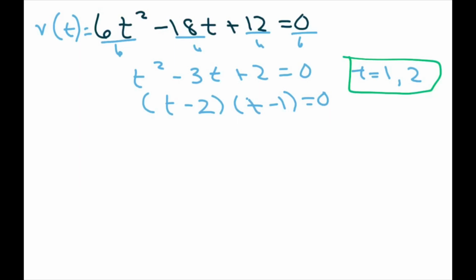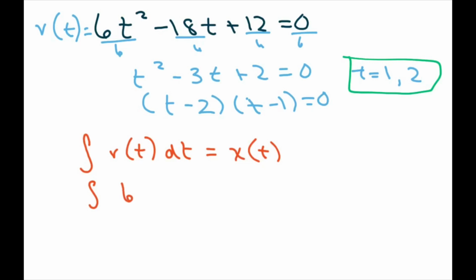So the integral of the velocity with respect to time is the position. So basically we're going to take the integral of our velocity v(t), which is 6t squared minus 18t plus 12, with respect to time.